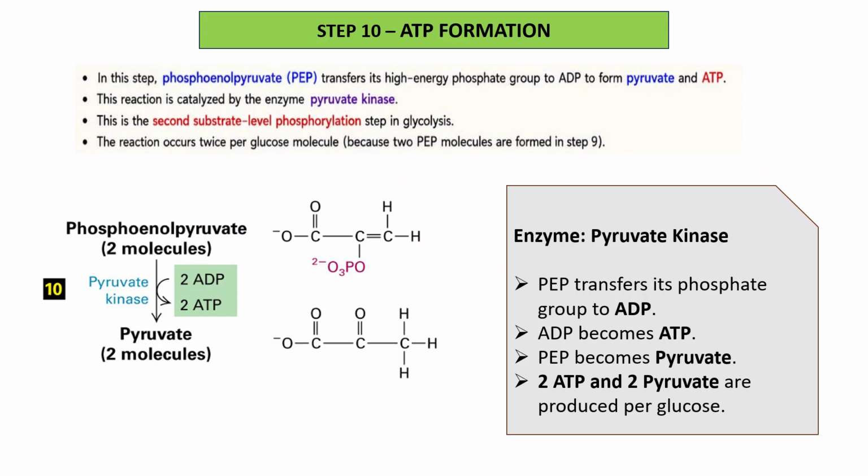Therefore, two ATP and two pyruvate molecules are produced in step 10. This step is irreversible under cellular conditions and marks the completion of glycolysis. The pyruvate formed can subsequently enter different metabolic pathways depending on the availability of oxygen.